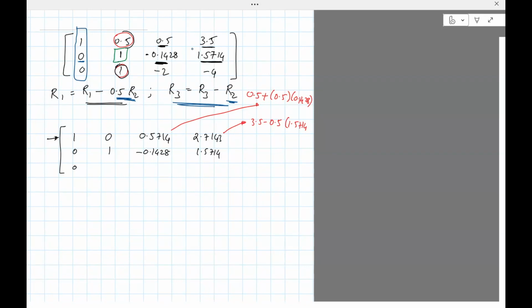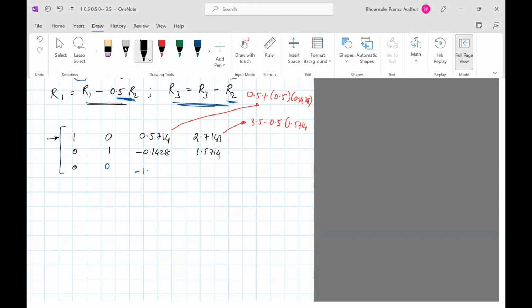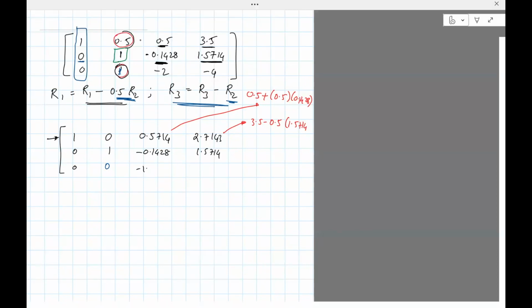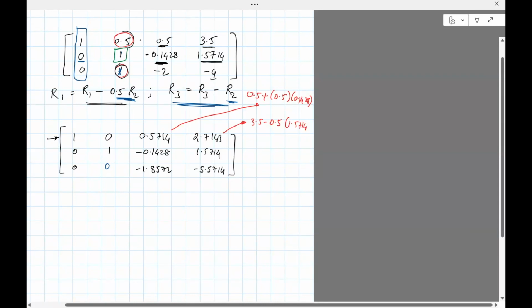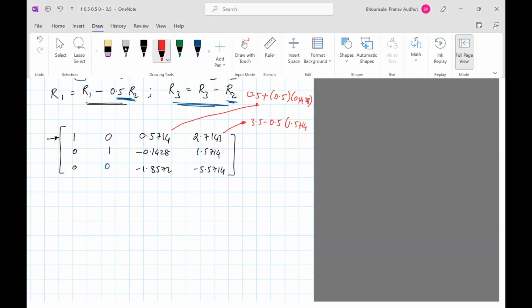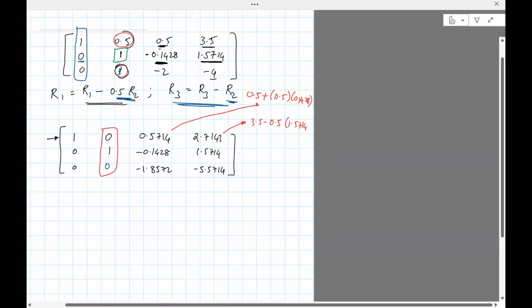So row 3, 1 minus 1 is 0, minus 2 minus 0.1428, minus of minus would be positive, so minus 2 plus 0.1428 would be minus 1.8572, and then minus 4 minus 1.5714 would be minus 5.5714. Okay, so by doing this, what we've achieved is we've got 0, 1, 0 in the second column, and that was what we were after.